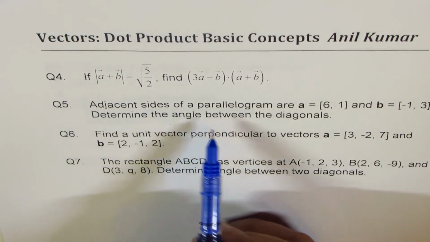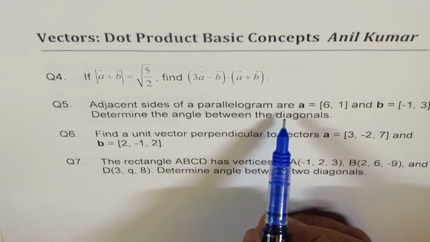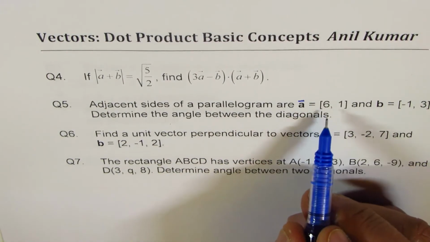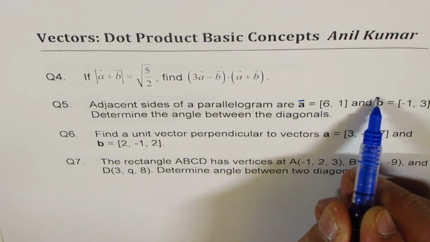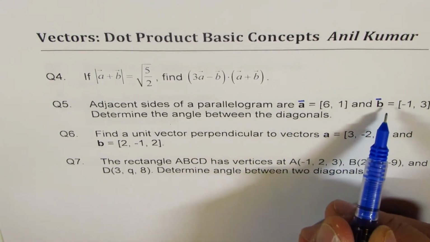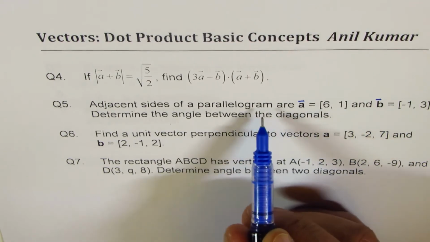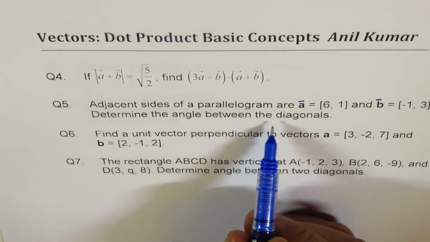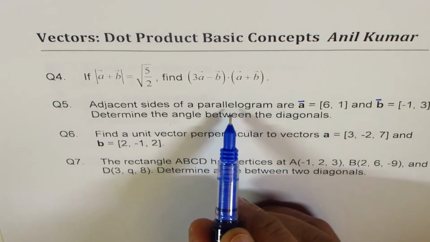Adjacent sides of a parallelogram are vector A equals 6, 1 and vector B equals minus 1, 3. So these two vectors define adjacent sides of a parallelogram. Determine the angle between the diagonals of this parallelogram.